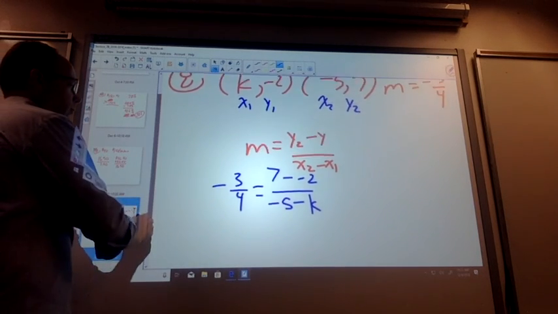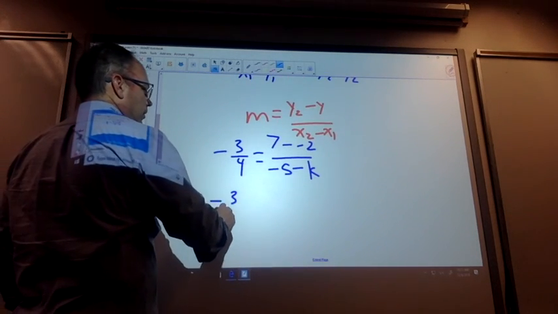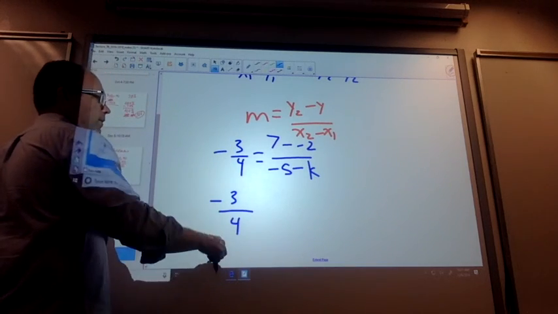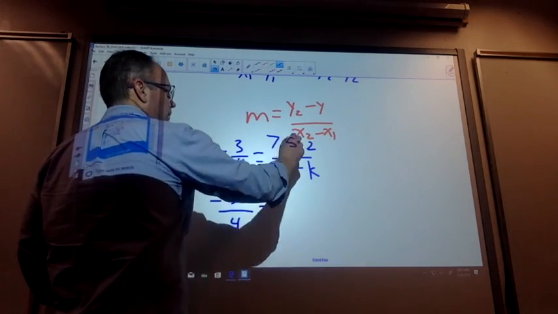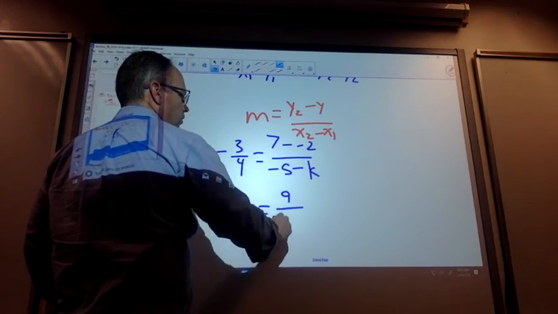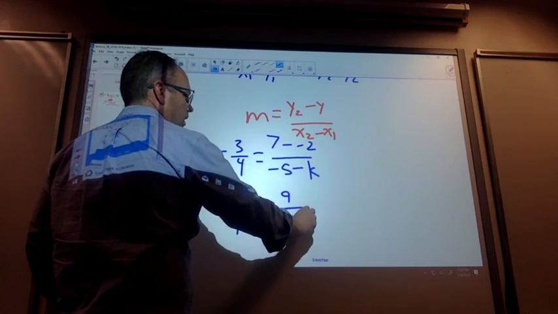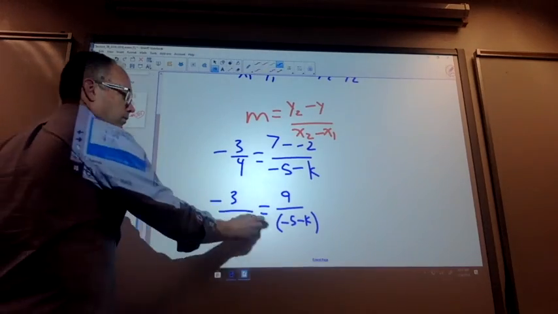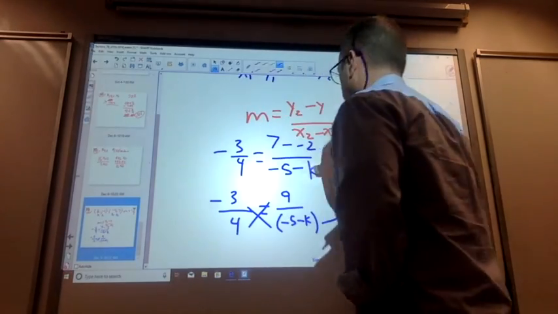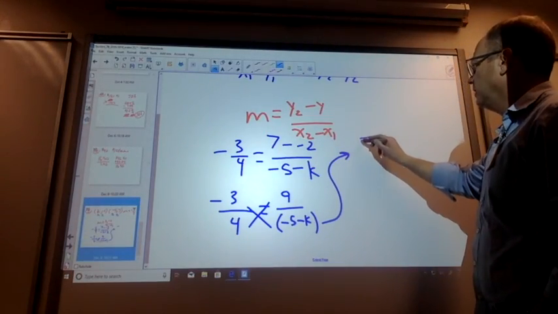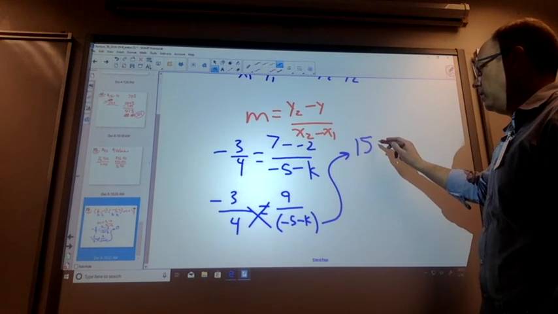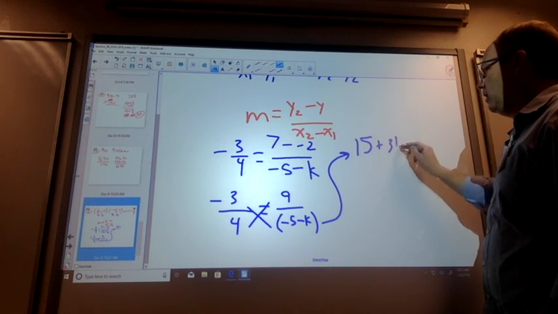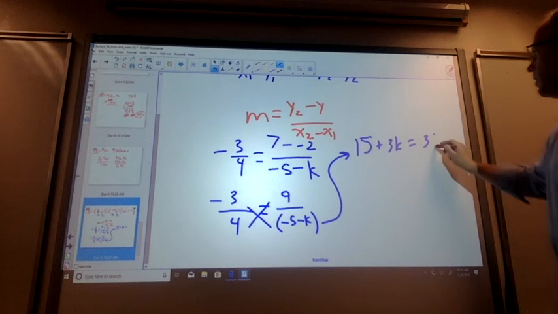So then just doing a little bit of arithmetic here. Putting the 3 with the negative with the 3. 7 minus negative 2 is 9. And I'm going to just put this in parentheses because that's kind of a quantity, right? Cross multiplication. So I'm going to get 15 plus 3k equals 36.